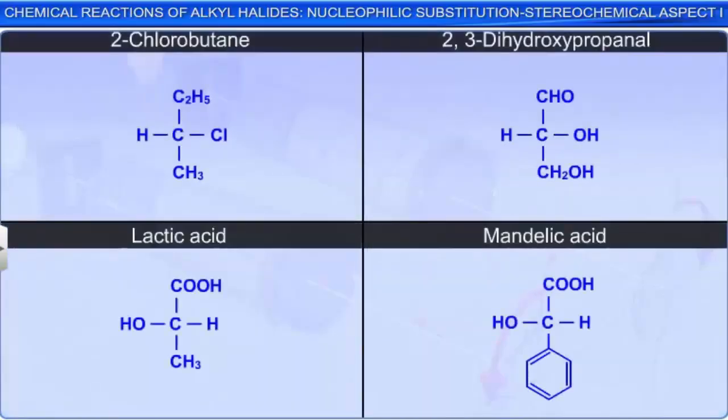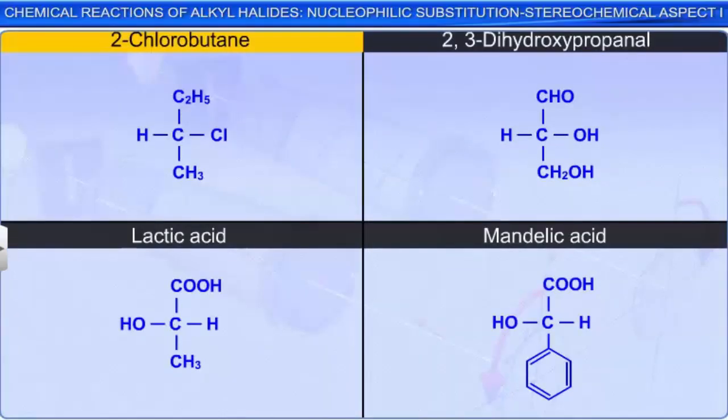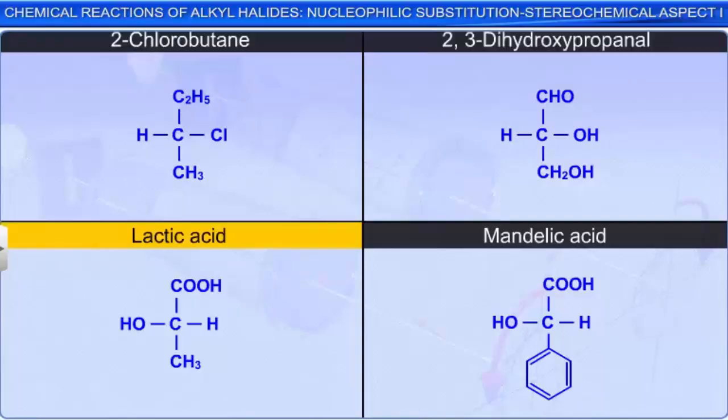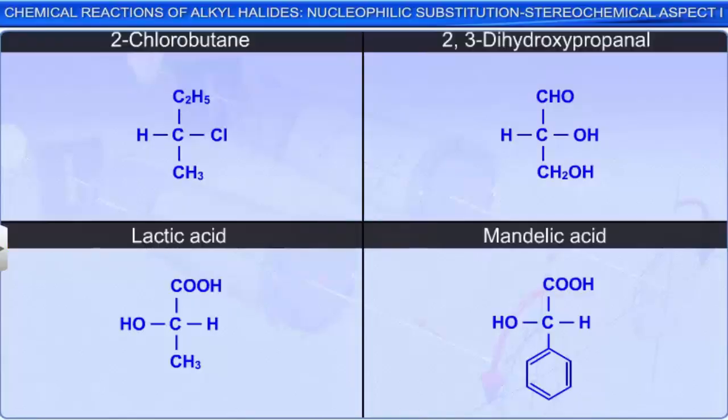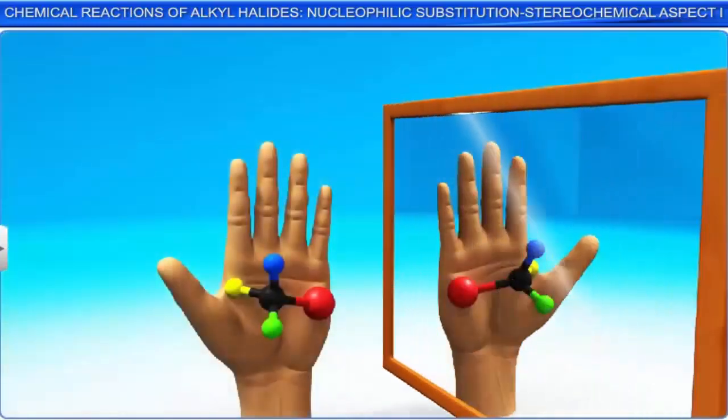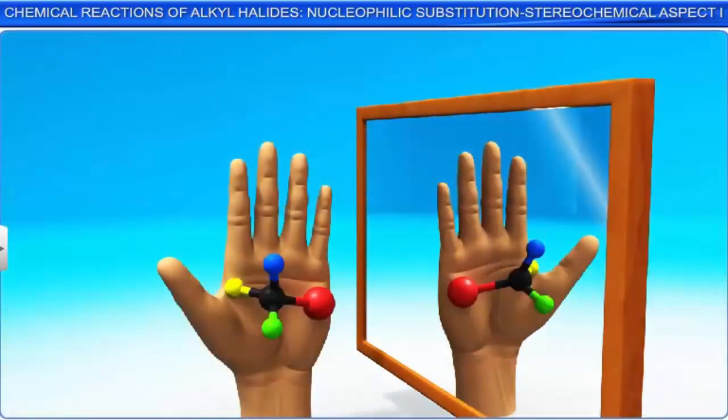Some common examples of chiral molecules are 2-chlorobutane, 2,3-dihydroxypropanol, lactic acid and mandelic acid. Non-superimposable mirror image isomers are known as enantiomers.